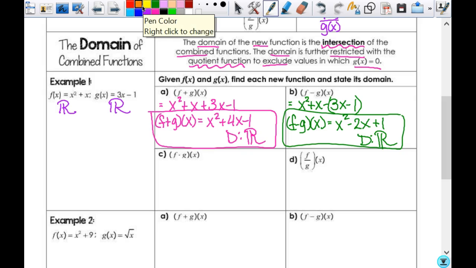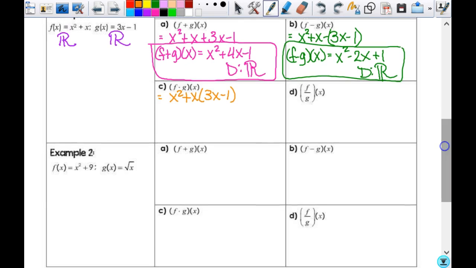Everybody okay with that? So then f times g of x is going to be x squared plus x times 3x minus 1. Did I substitute that correctly? No. In this case, both sets of parentheses matter, right? Because this and this are two completely different things.